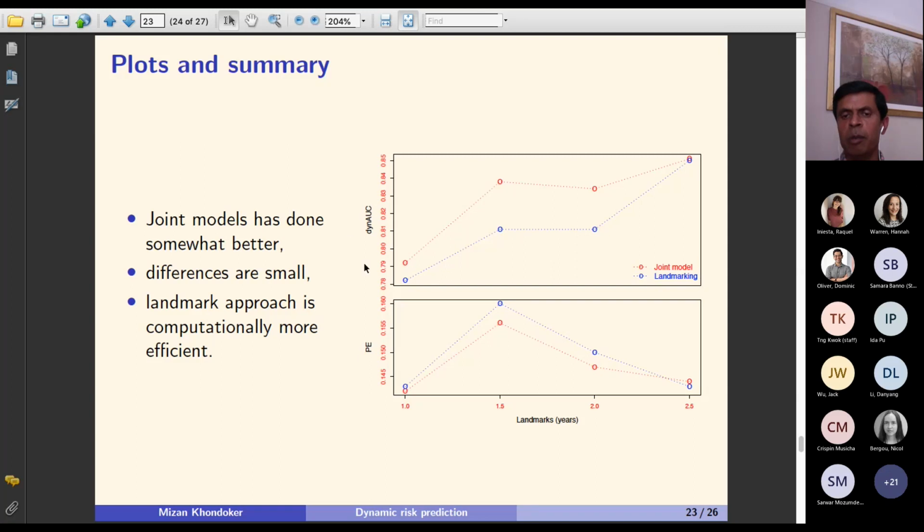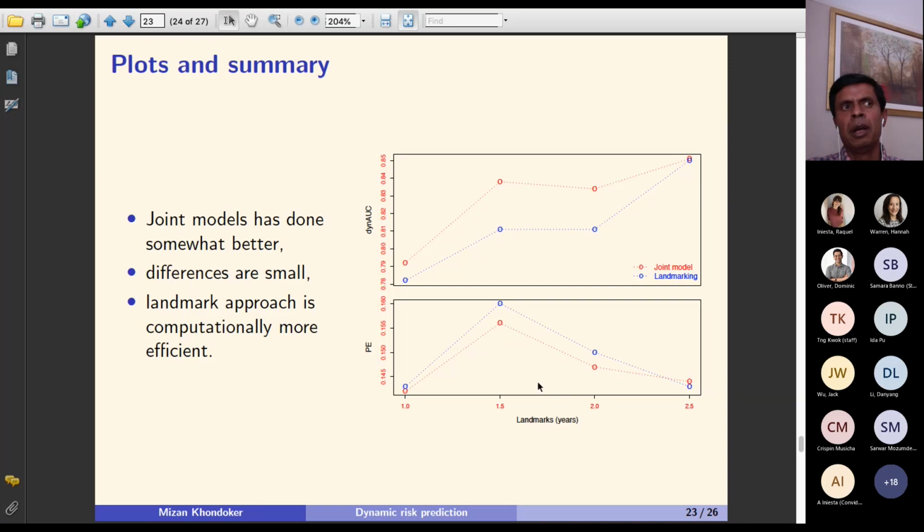So in terms of dynamic AUC, the joint model is doing slightly better than the landmarking approach, except for the last landmark time point. And this is the same in terms of prediction error, where smaller is better. Again, the joint model is doing slightly better than the landmarking approach, except for the last landmark time point.